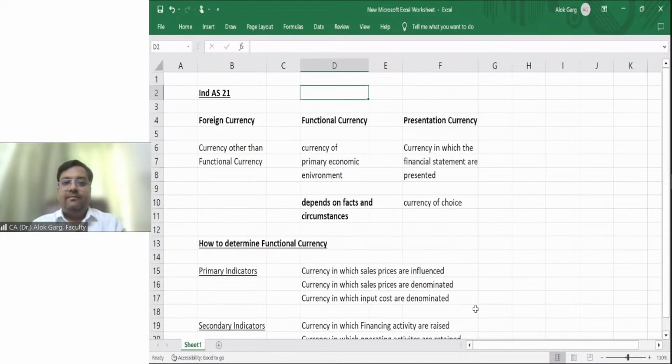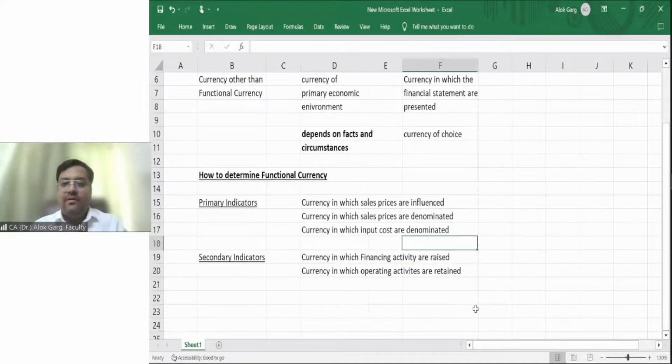So this is what we have talked about: the functional currency of an entity, how to determine the functional currency of an entity, right? Is that clear? In the primary indicator, we have talked about the sales and the cost.